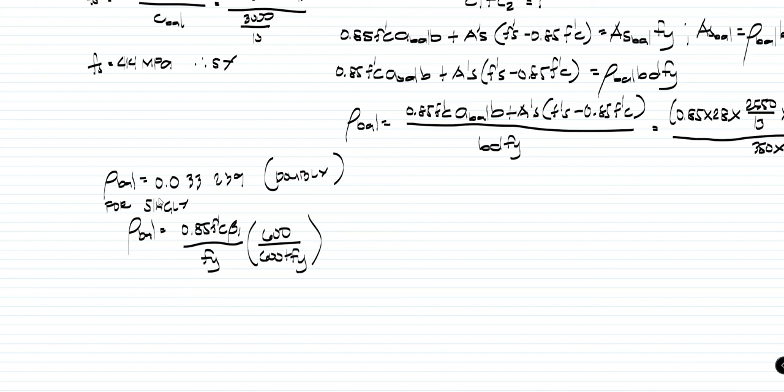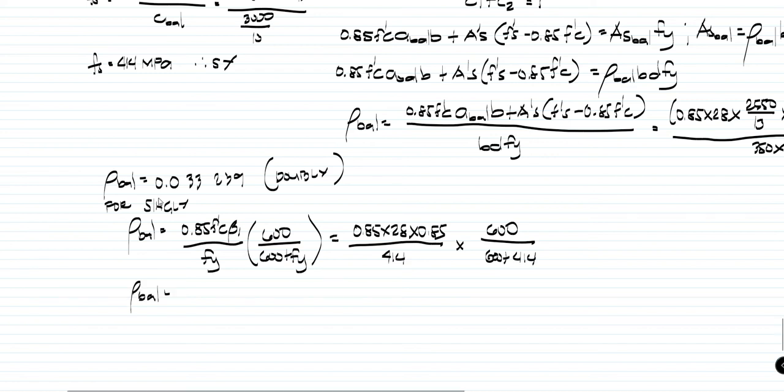So substituting the values, we have here 0.85 times 28 times 0.85 divided by 414 times the value 600 over 600 plus 414. Our rho balance will be equivalent to a value of 0.028914. So this is for the singly.